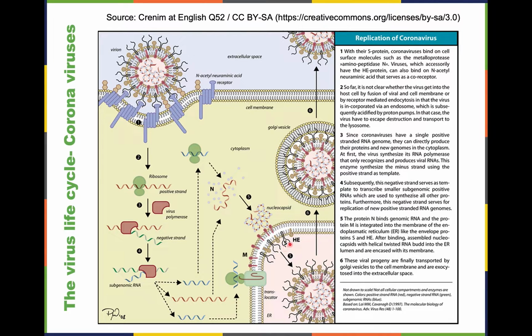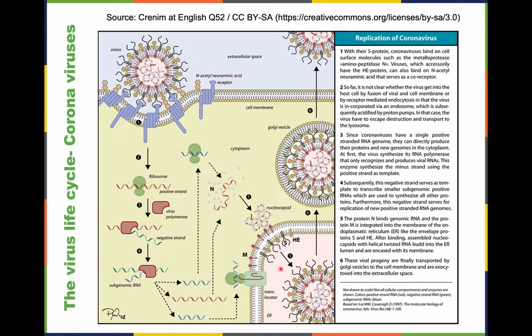Obviously, the receptor, this protein that is projecting out of the virus called the S protein, is made. And also there is this little protein outside of the coronavirus which identifies certain carbohydrates on the surface of human cells. That's also made.